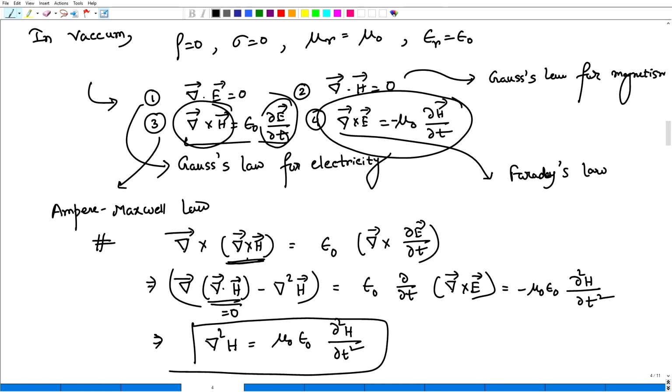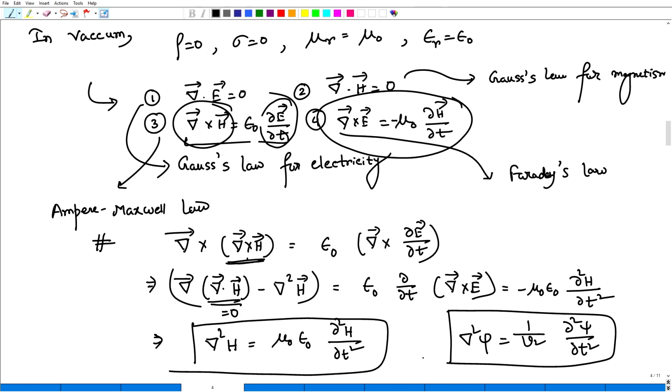We know in case of our mechanical wave, and also in case of sound wave, this is a general form of the wave equation. The general form is del square psi equals 1 by v square del 2 psi by del t square. This is our general equation for any propagating waves, where psi is the wave function.